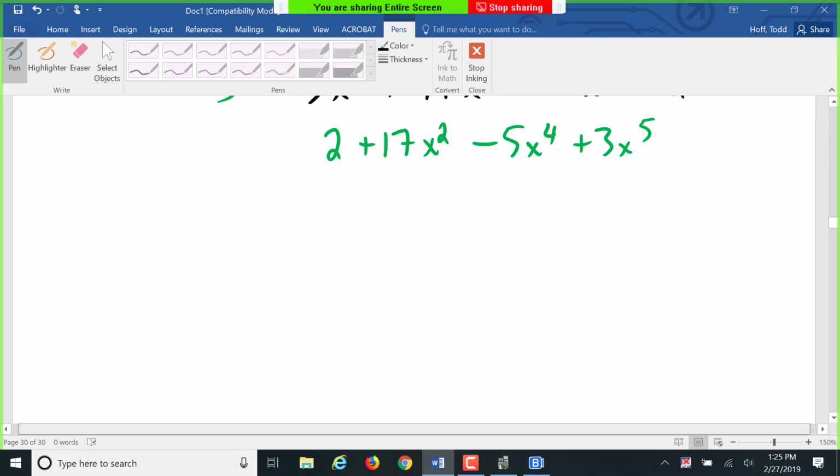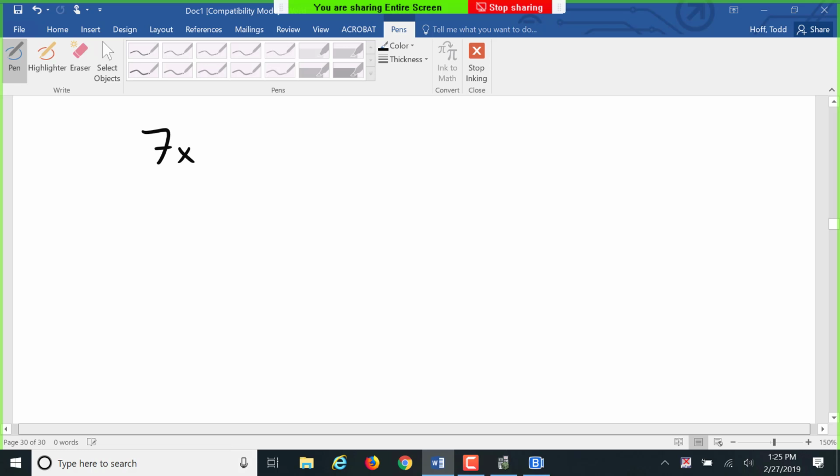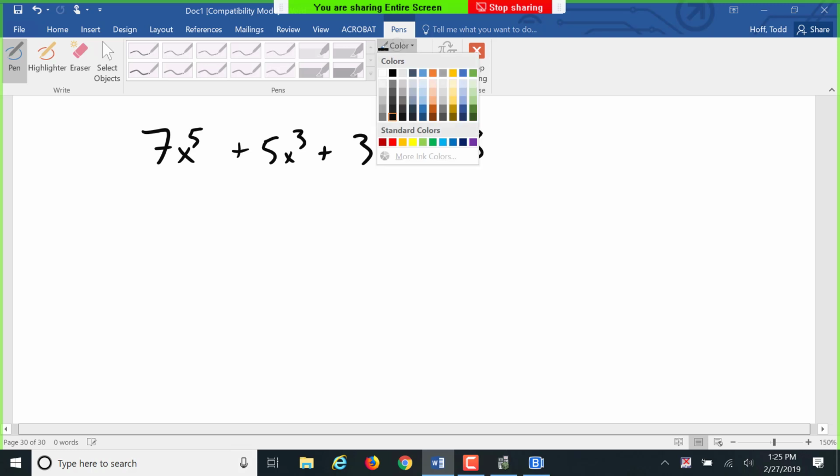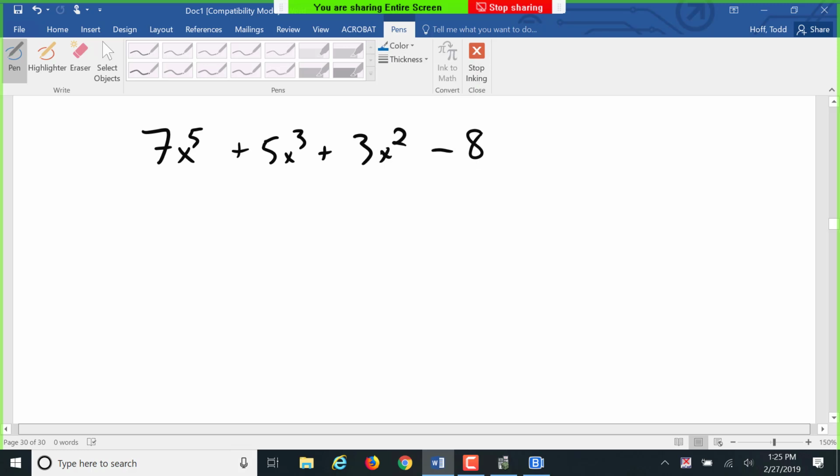Now you'll notice in these last couple of polynomials that we put in ascending or descending order, not every power was there. There are some powers missing here.